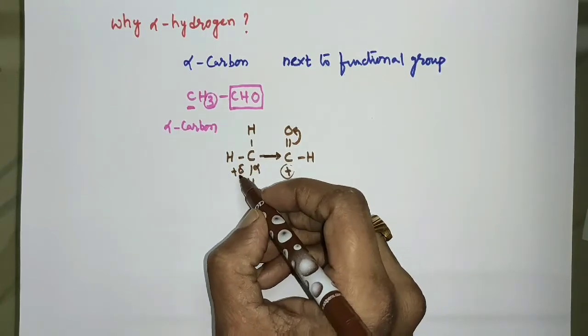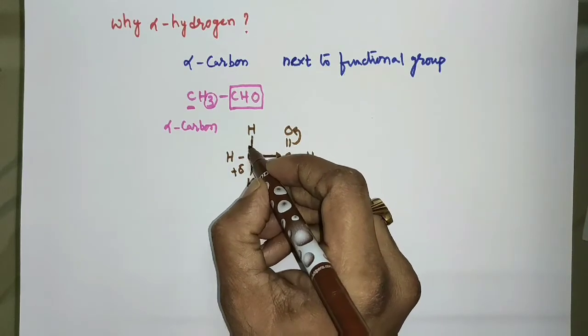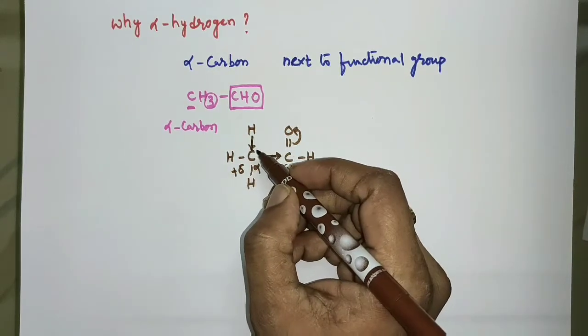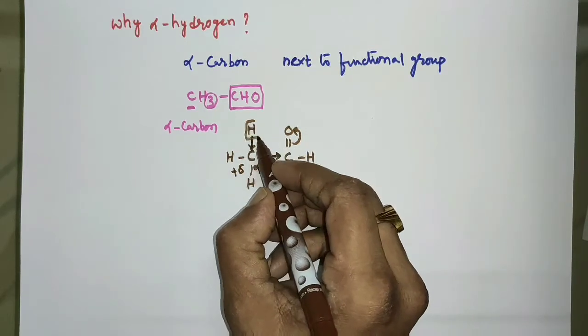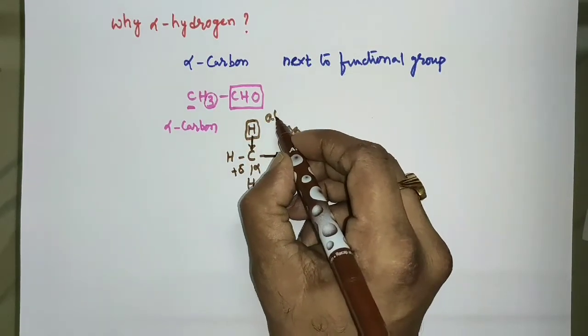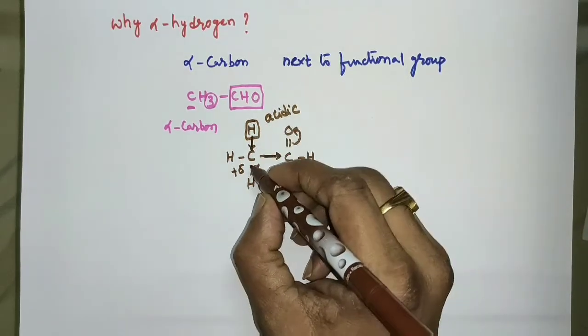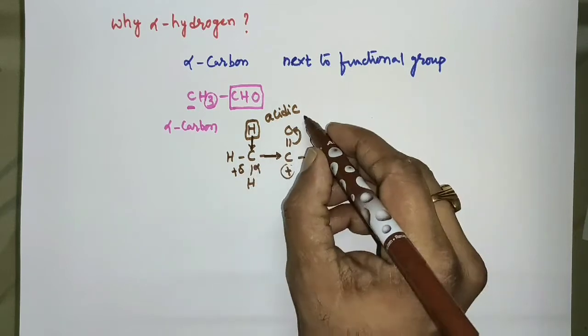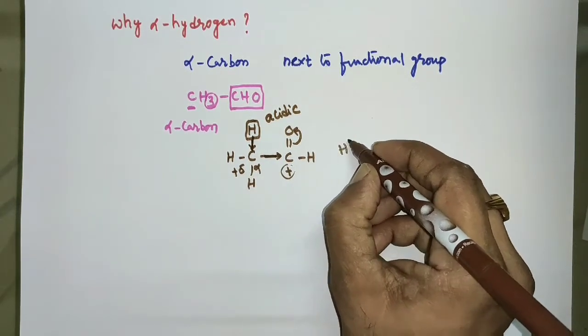And to remove this electron deficiency, carbon atom withdraws electrons from hydrogen in order to make this hydrogen acidic. So hydrogen bonded to alpha carbon atom is acidic, and in presence of a base it can be ionized into H+.